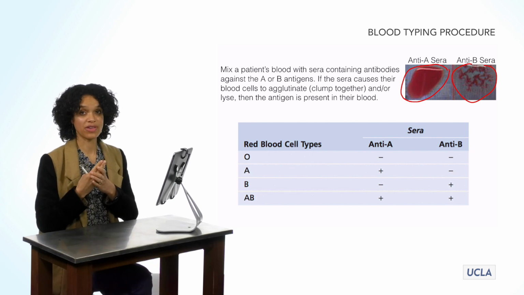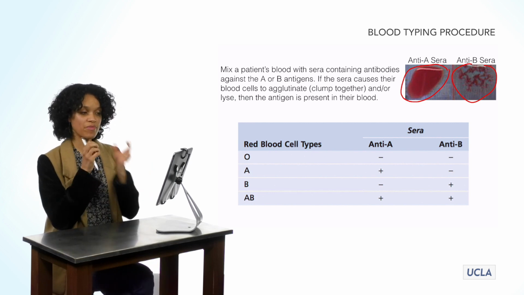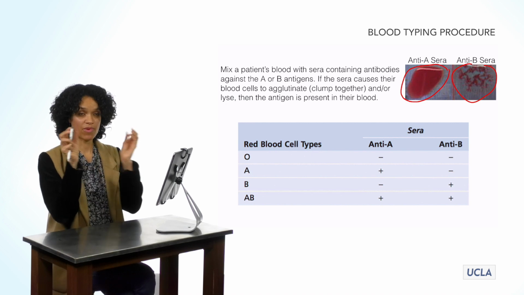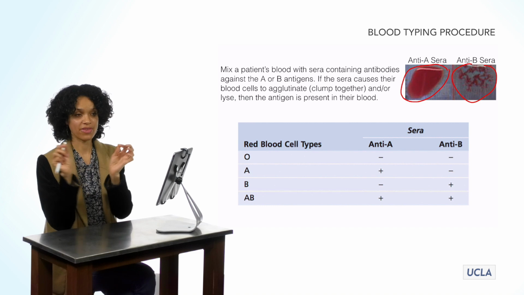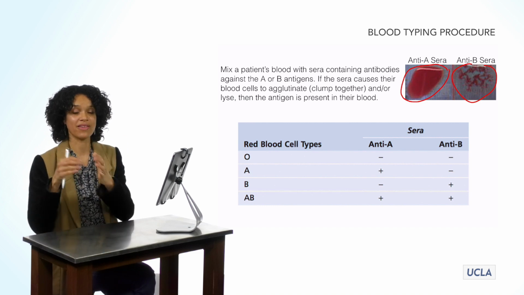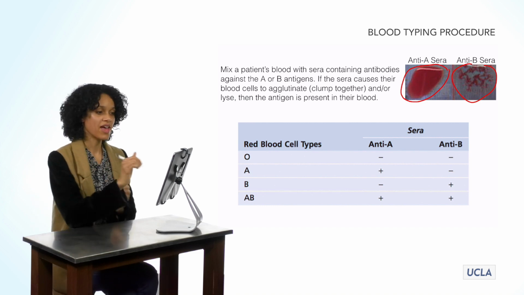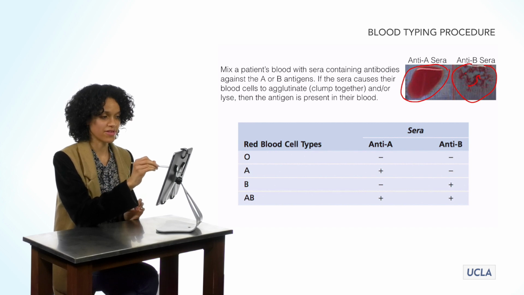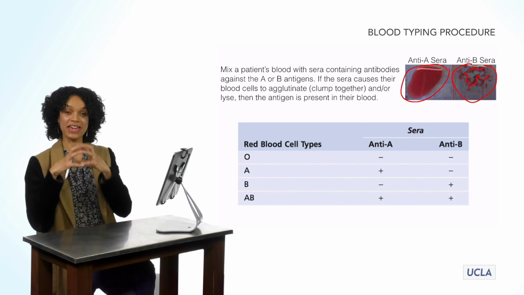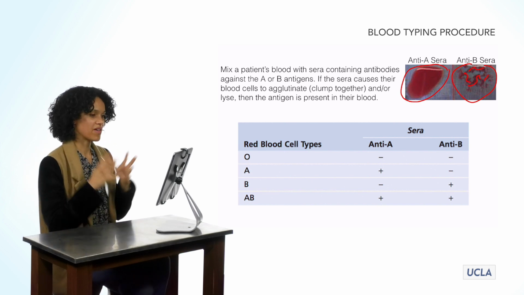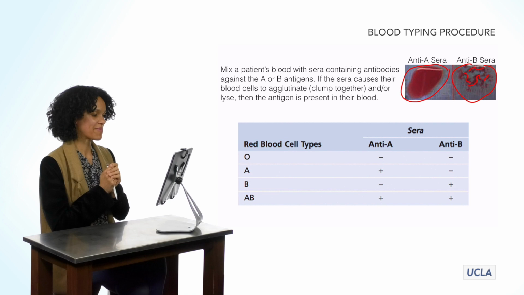The reaction you're looking for is your red blood cells clumping together, because antibodies have two binding sites, so they can bind to multiple red blood cells. So all your red blood cells will stick together, and you'll get little dots of what is called agglutination, which is just a fancy way of saying clumping.